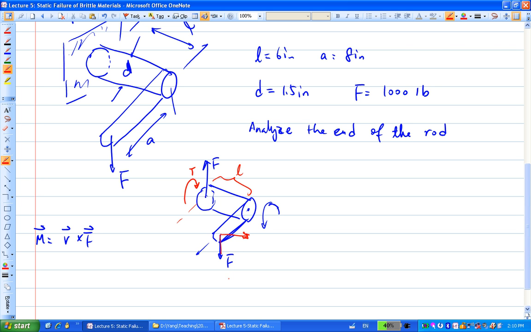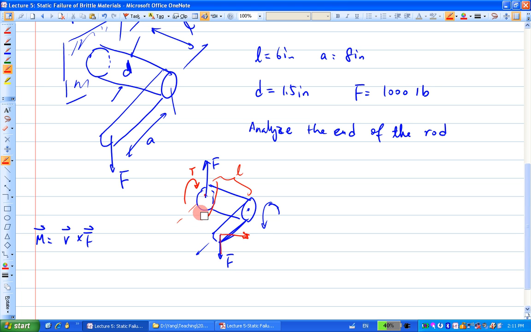It's this direction here, right? This is a bending. This is a moment that we're talking about here, so we call this a moment instead of a torque. This F will generate a moment about this point in this direction, and the wall has to react or counteract this moment.